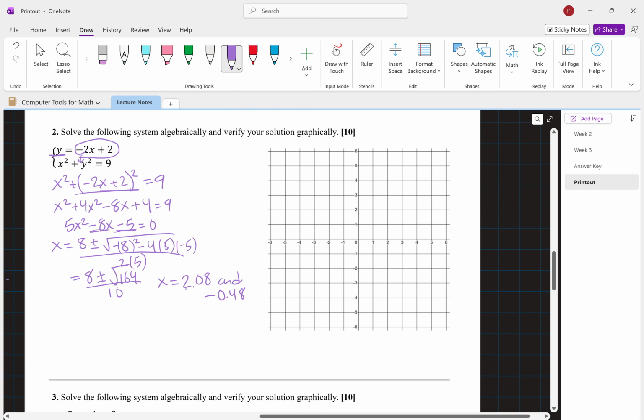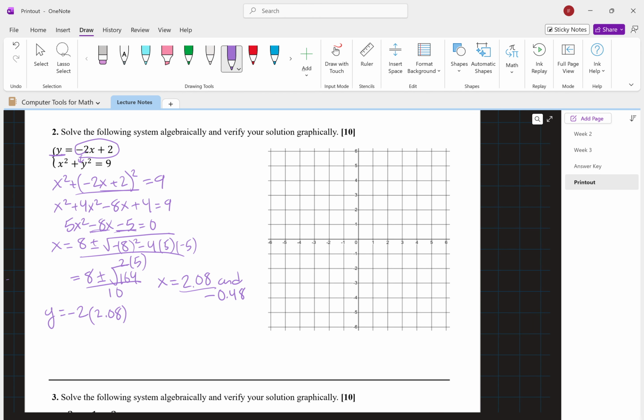So when x is equal to 2.08, we're going to have y is equal to negative 2 times 2.08 plus 2, which is equal to negative 2.16.